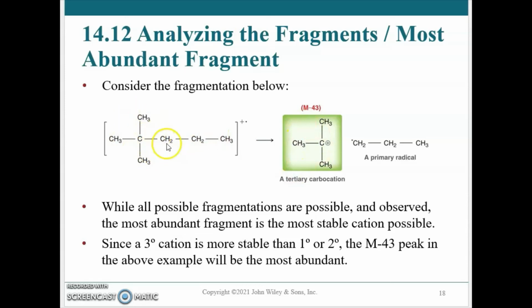So this is 1, 2, 3, 4, 5. So this is a 2,2-dimethylpentane. The loss of the tertiary butyl group to give this tertiary carbocation is going to be very stable. So the M minus 43 peak in this example will be the most abundant.